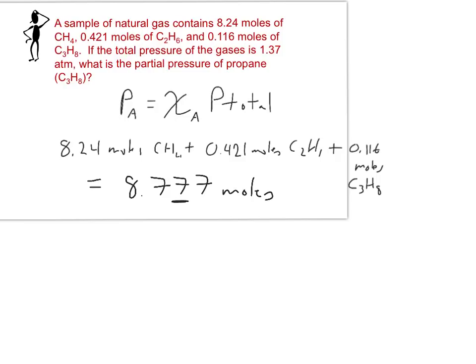Then the mole fraction of propane is going to be equal to 0.116 moles over that total.